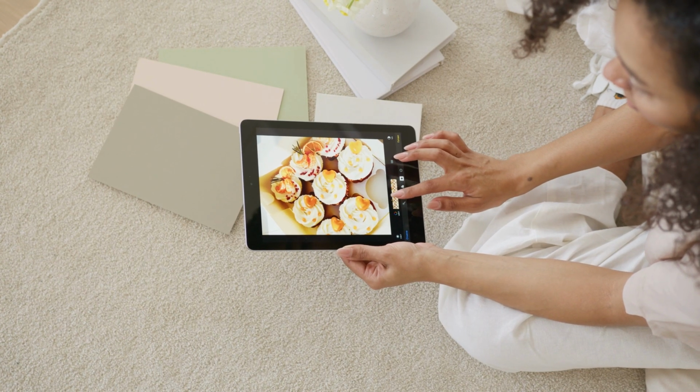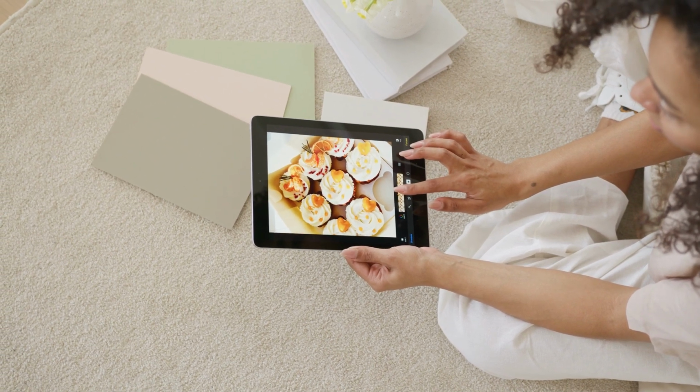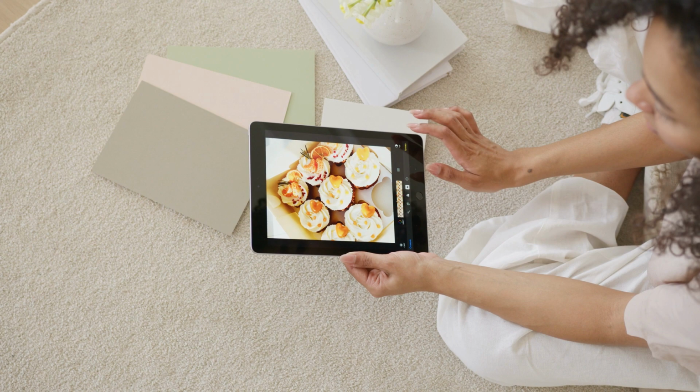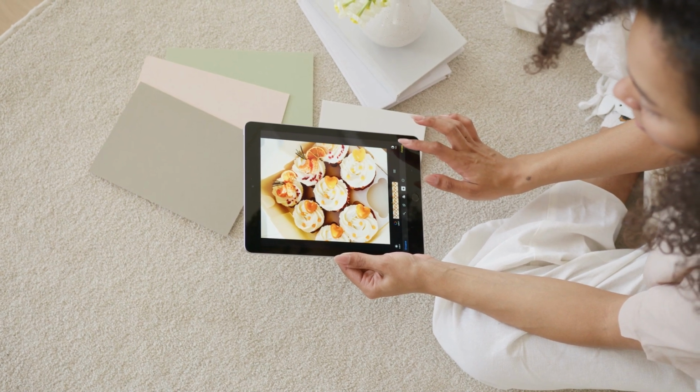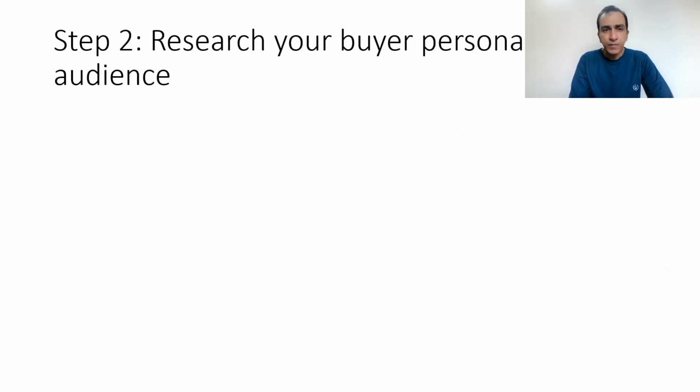You pose a question: what outcomes do you intend to attain through your social media endeavors? For instance, if your aim is to increase website traffic via social media, a few steps could involve ramping up your posting frequency, optimizing content for sharing, or executing targeted advertising campaigns.